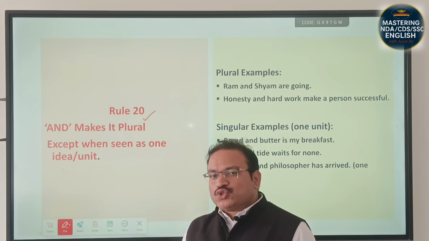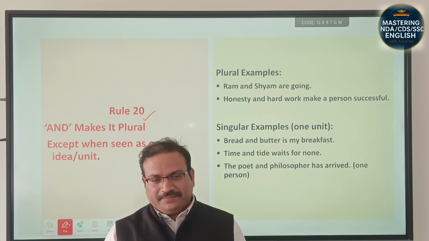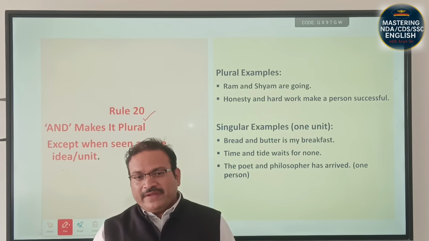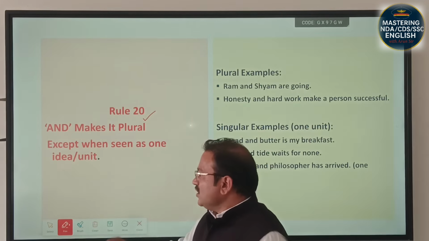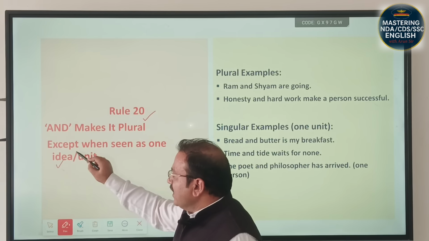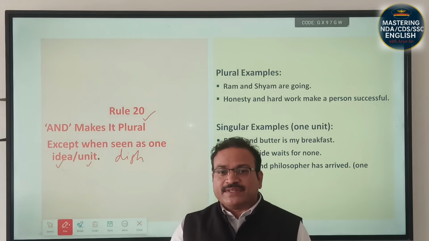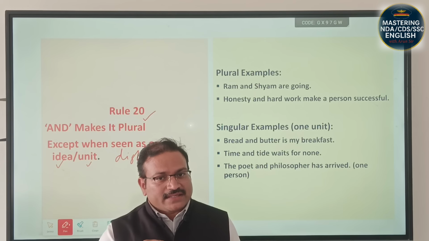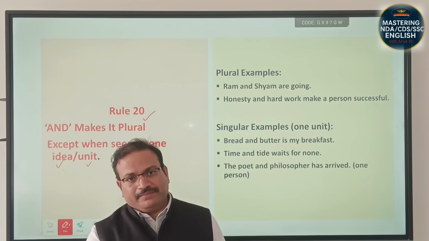So this is rule number 20. When two subjects are joined by and, they are plural and they take plural verb. But when both the subjects are nouns and treated as an idea, unit, or dish, then the subjects become singular and take singular verb.